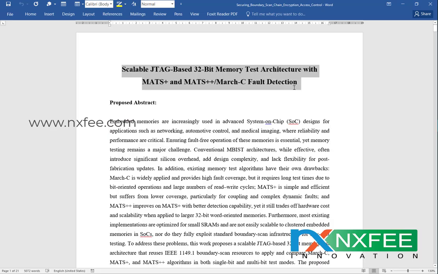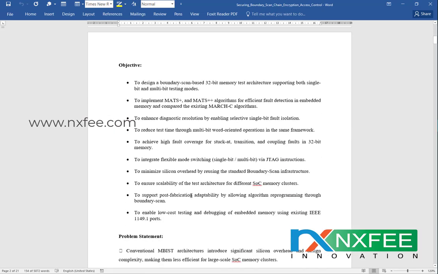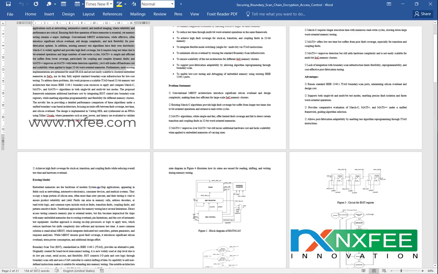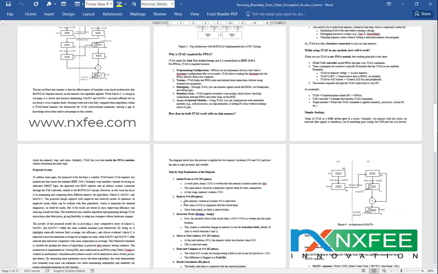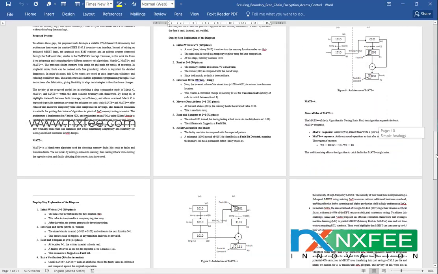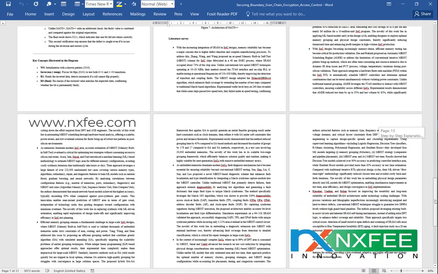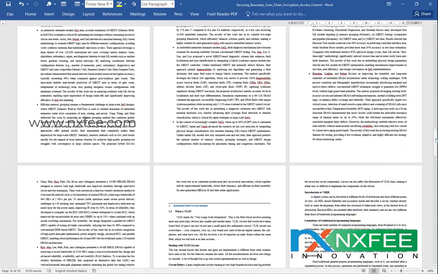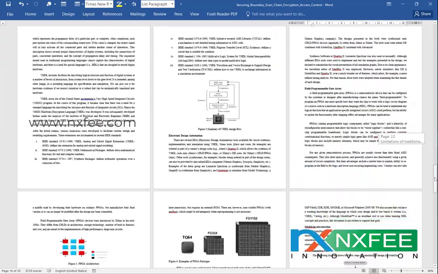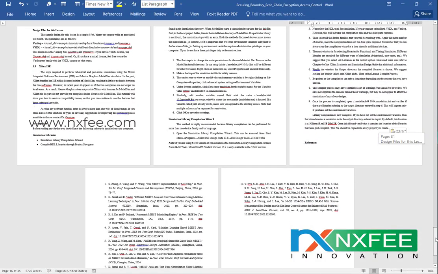Here is the abstract, the title, the objective of this work, the problem statement, and related notes: the existing and proposed methods with the March and MATS plus plus architectures, architecture descriptions, the literature survey and related notes, as per VLSI design, and finally the references.